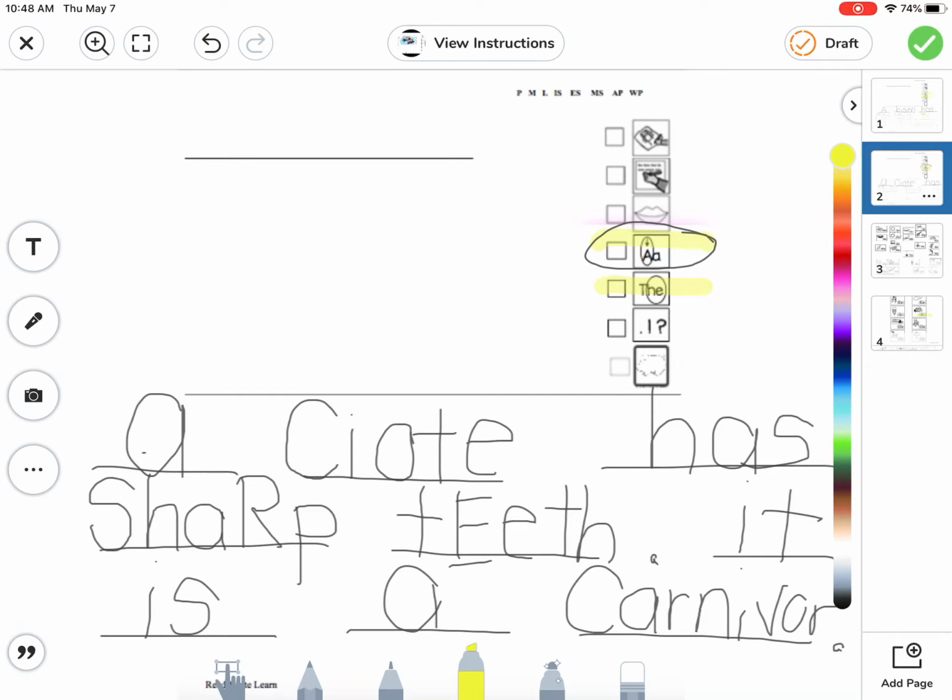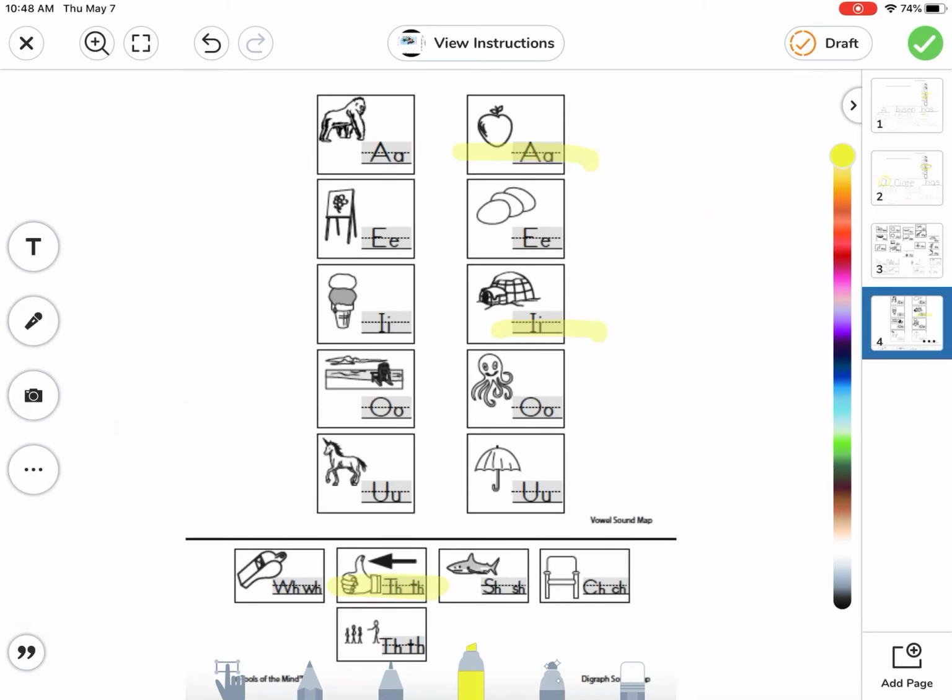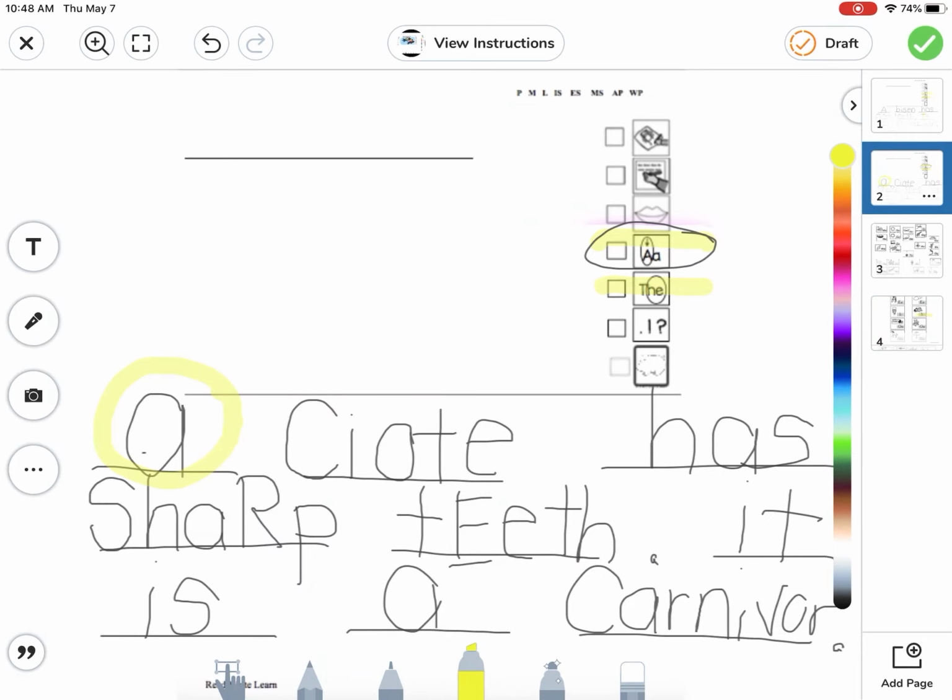Let's look at the first letter in my first sentence. It's right here. Is that a capital A? No. If I go look at my sound map, I know my capital A looks like that. I need to change this. Here is my real capital A. That's much better.